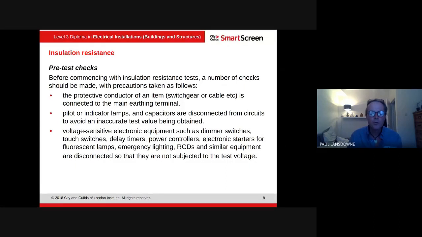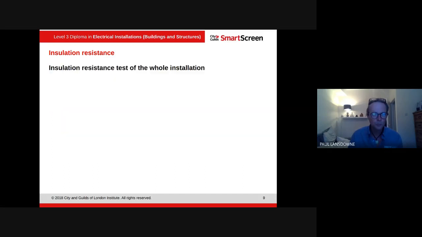It will give you a false reading, and also they do not like having the 500 volts put through them. The electronic components in a dimmer switch are rated to handle 240 volts, 230 volts. They do not like 500 volts being applied through them.